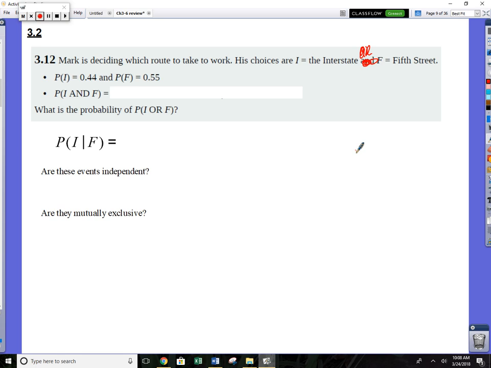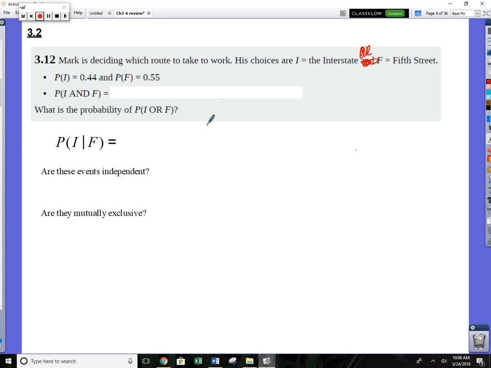I think that's a bad question. So I think they want him to have two different choices. He can either go the interstate or he can go 5th Street. Okay, let's see what the question is. Chances of him going on the interstate are 44%. Chances of him going down 5th Street are 55%. So he goes down 5th Street more than he does the interstate.